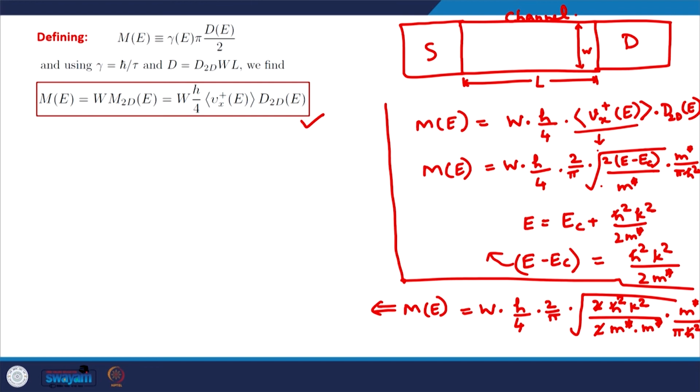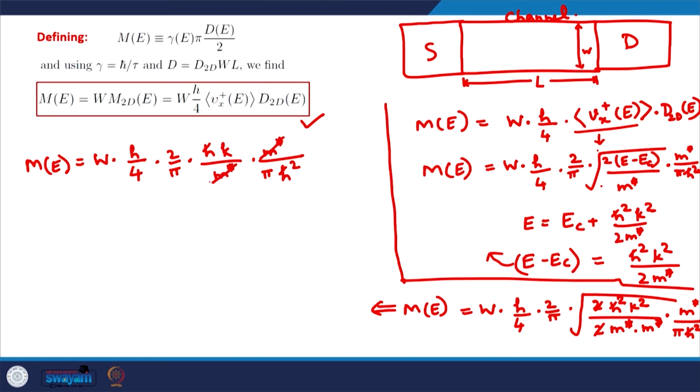2D channel. This, on further simplification, becomes W times h by 4 times 2 by pi. Now, everything comes out of the square root. So, it is h bar K divided by m star multiplied by m star divided by pi h bar square.